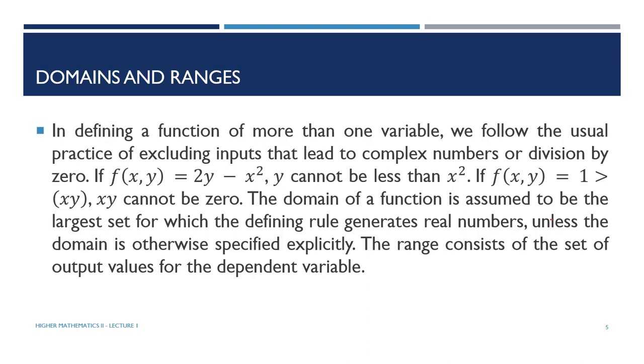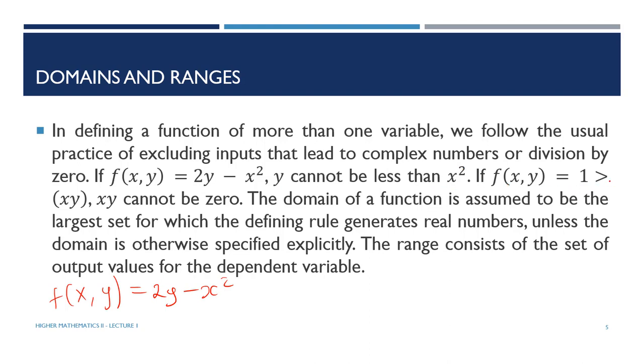In defining functions of more than one variable, we follow the usual practice of excluding inputs that lead to complex numbers or division by zero. If f of x, y equals square root of y minus x squared, in this case y cannot be less than x squared.